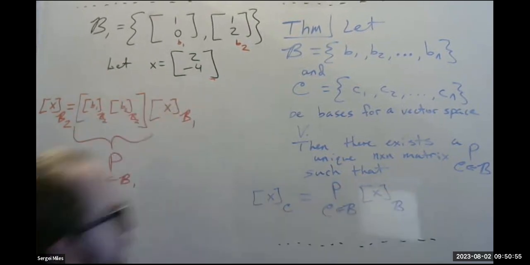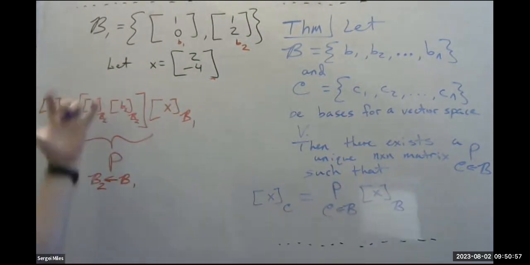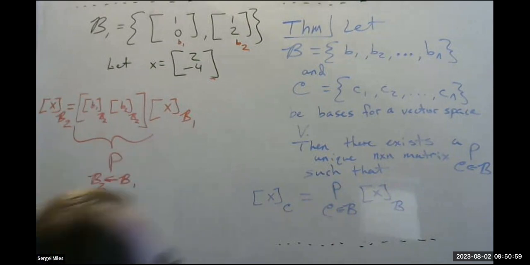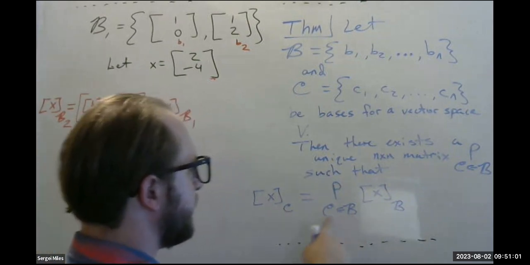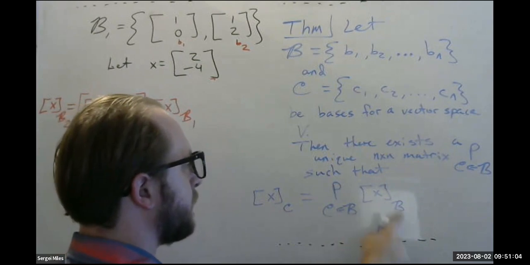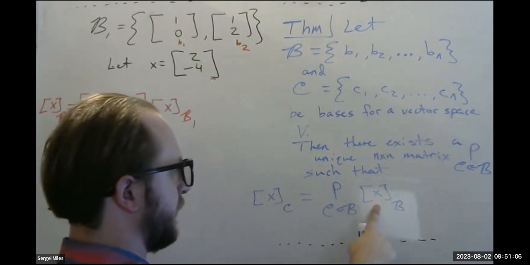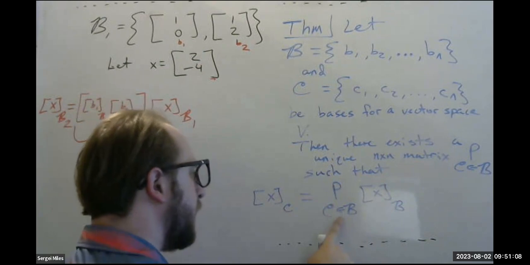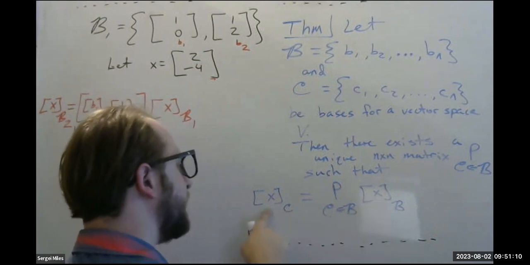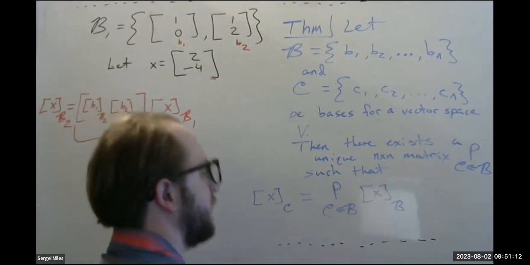Okay. This is the formula we have. This is the same formula we had right here. If you're going from B to C, that means you're multiplying by a B coordinate vector of x, and by multiplying with this matrix, it changes it into the C coordinate vector of x.